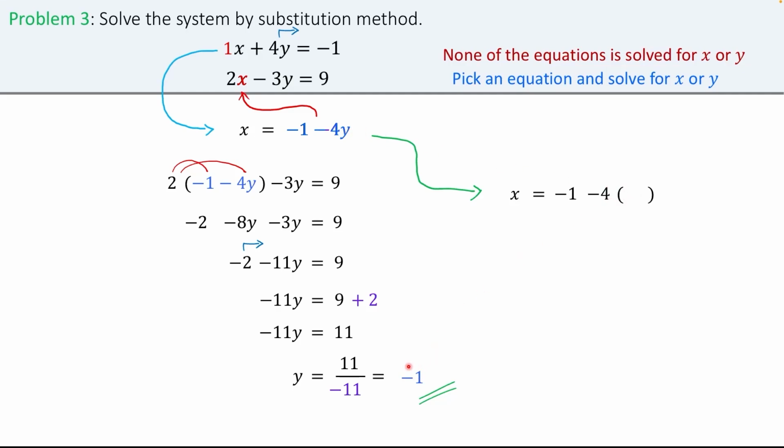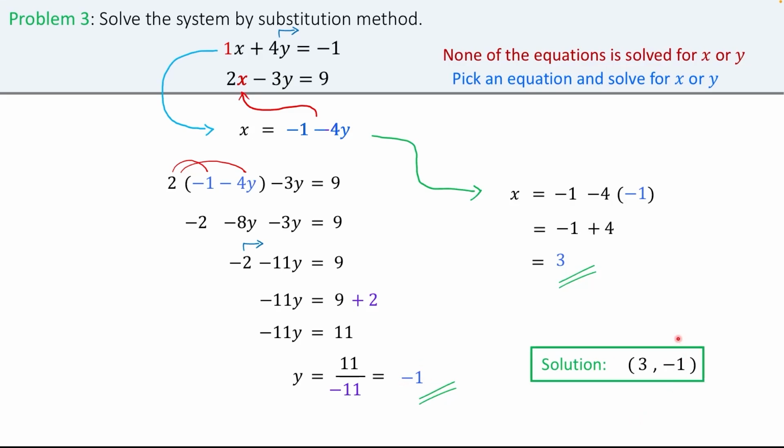Y is -1, so x is equal to -1 minus 4 times -1. -4 times -1 is +4, so -1 plus 4 is 3. So x is 3. So the solution is the x value comma the y value. This is the solution to the system.